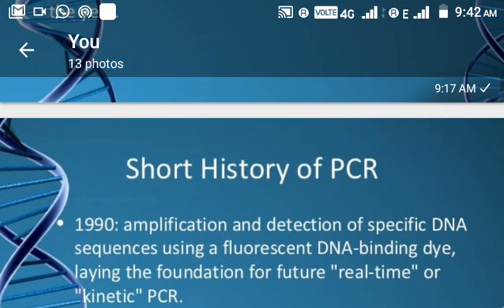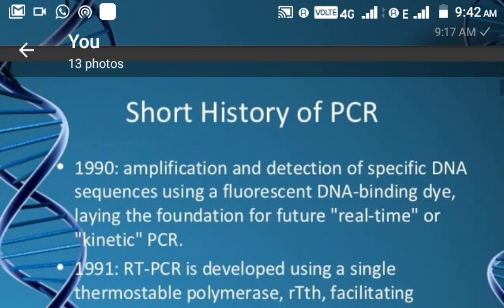Next, in 1990, amplification and detection of specific DNA sequences using a fluorescent DNA binding dye, laying the foundation of future real-time PCR. In 1991, RT-PCR was developed. Students, there are two terms in the field of PCR, RT-PCR, but RT-PCR designates two different things.